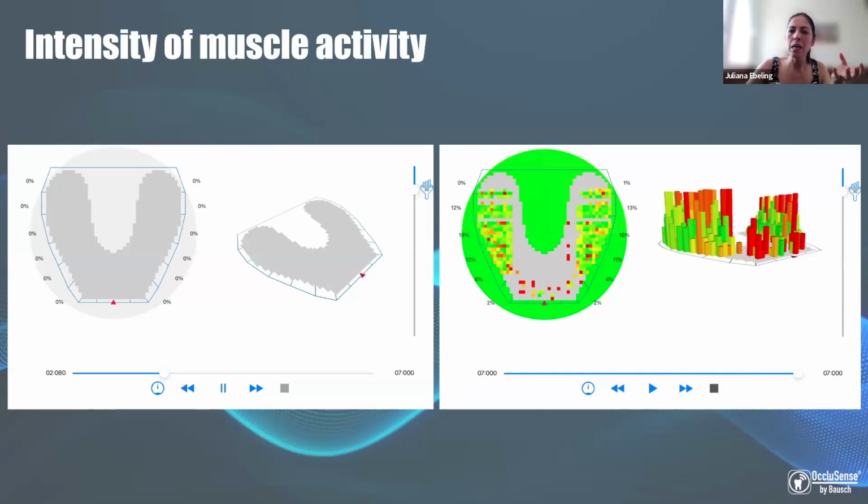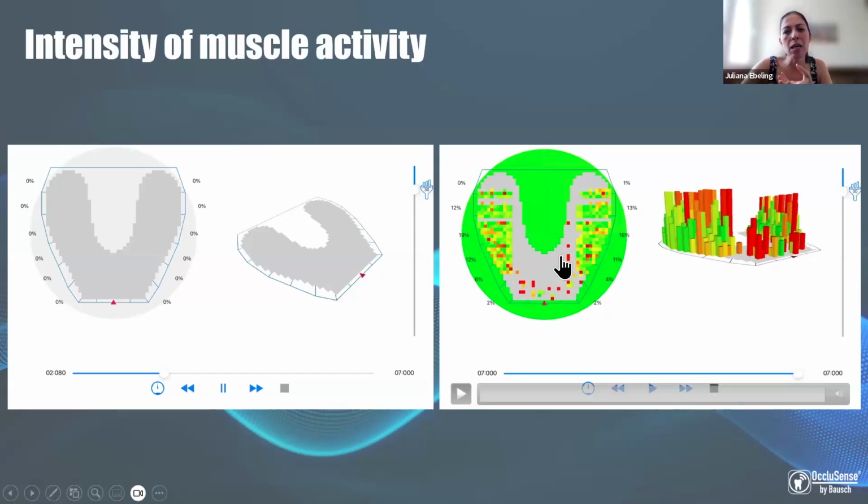It helps me to make decisions that are more objective and more based on what I'm seeing with the registration. But once more, I need to know what I'm looking for and give the command to the patients in the right way.